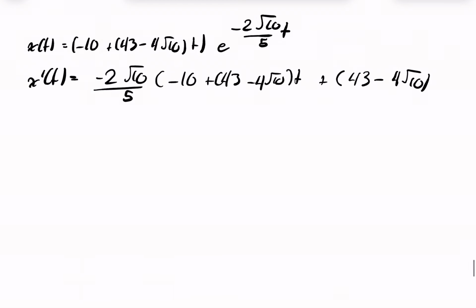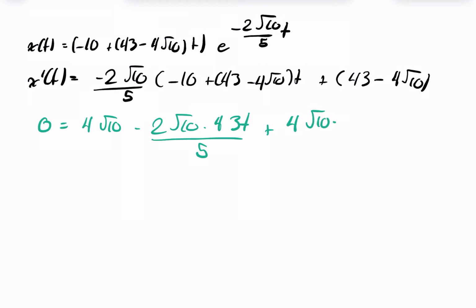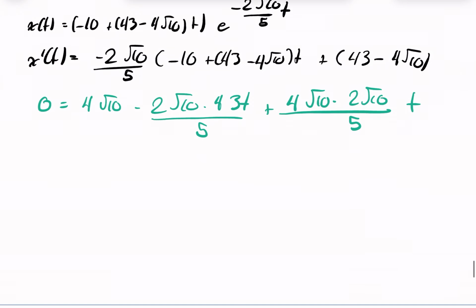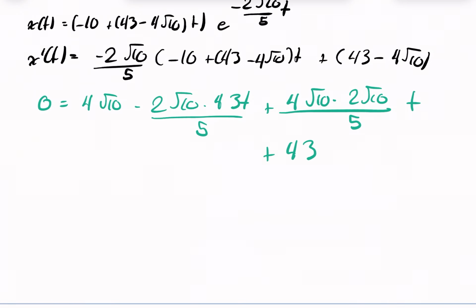So continuing on, we have 0 equals 4 root 10 minus 2 root 10 times 43t over 5 plus 4 root 10 times 2 root 10 over 5t plus 43 minus 4 root 10.